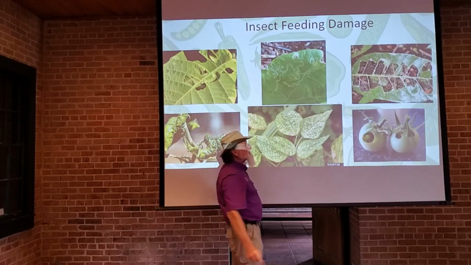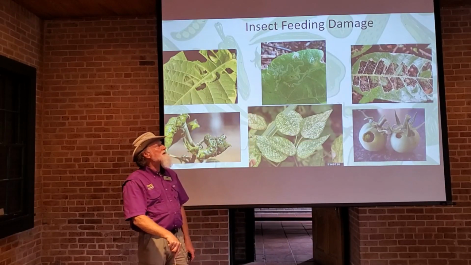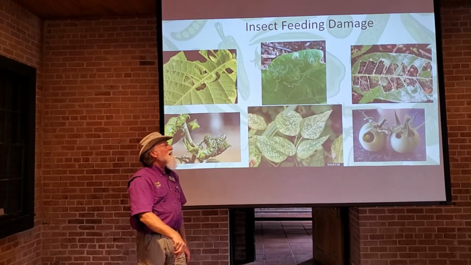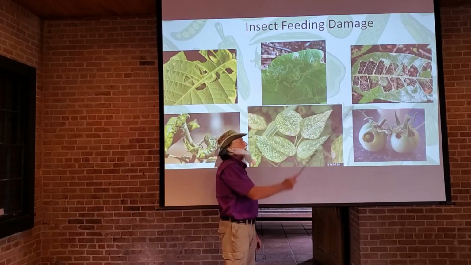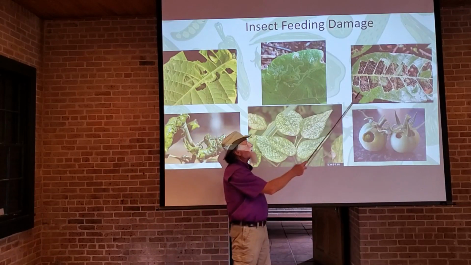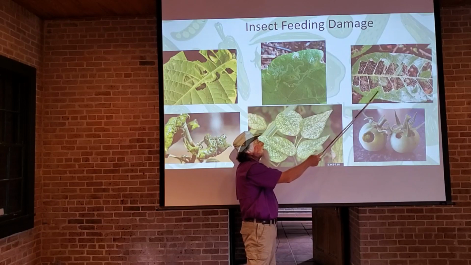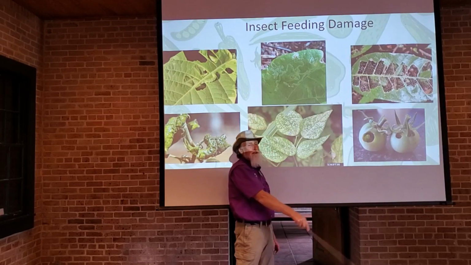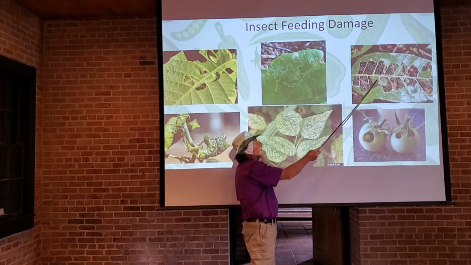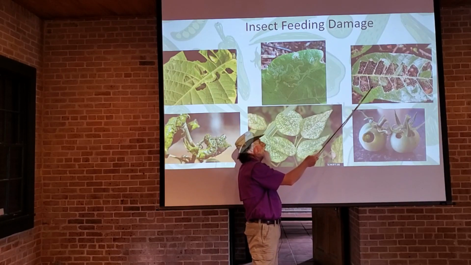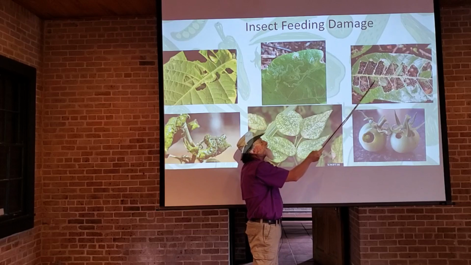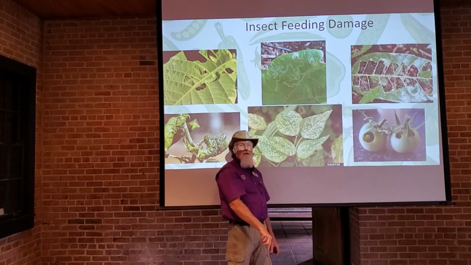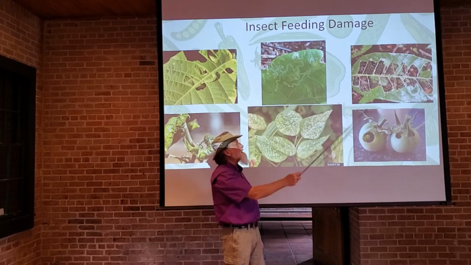This is damage also caused by chewing insects, and I remember the mouth parts, and this is often described as skeletonized leaves. What this particular caterpillar has done, and sometimes it's the rasping mouth parts on insects that do this, is they've eaten all of the leaf tissue between the veins of the leaf.